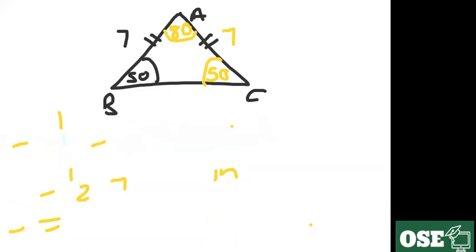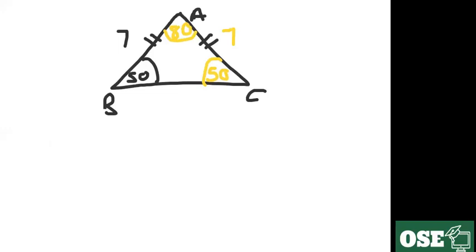Ma'am, the size of BC, just as an extra question. We can use the sine rule, ma'am. Why are you putting an angle on top when we are looking for the side? Oh, sorry, ma'am.